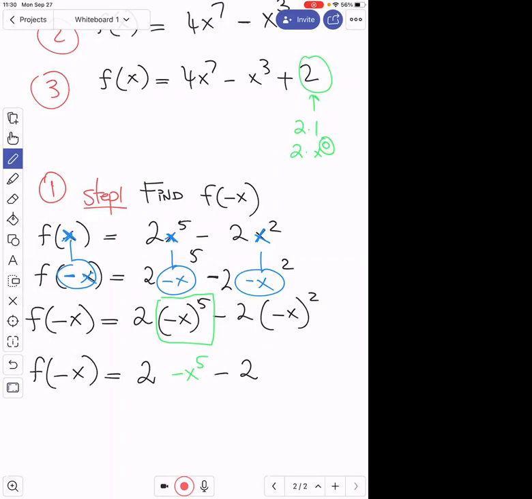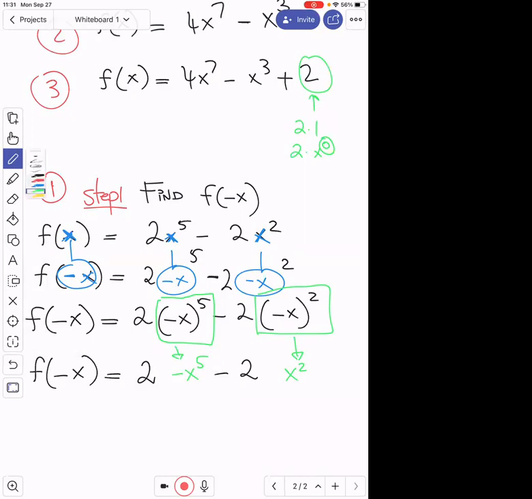Minus x times minus x, minus times minus is positive. So this is going to be positive x squared. That's because the power is even. If the power is even, it's going to be positive; if you have an odd power, you're going to end up with a minus.